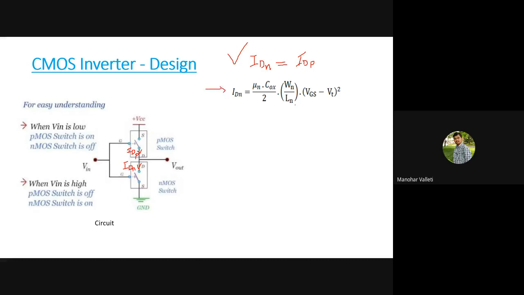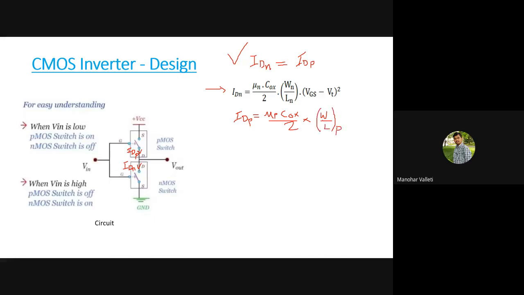In the same way, IDP also will come. The only thing is the W/L ratio and mu P will change. So this is IDP equal to mu P Cox by 2, multiplied by W/L ratio of your MOSFET, here commonly written instead of WP and LP.